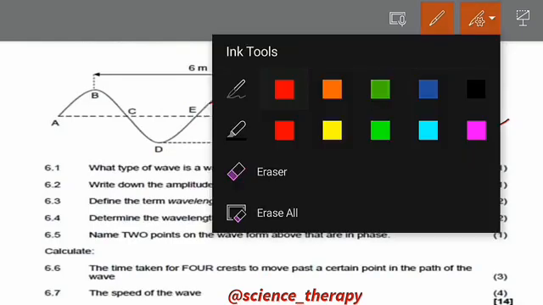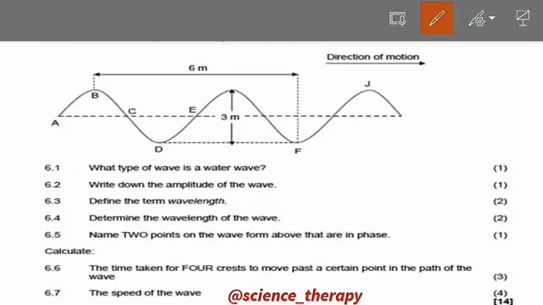Now 6.2 says write down the amplitude of the wave. Now from here we can see that we've been given the length all the way from down here to the crest up there. But we know the distance from the trough to the rest position and from the rest position to the crest is the same.